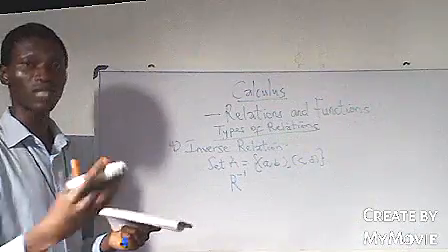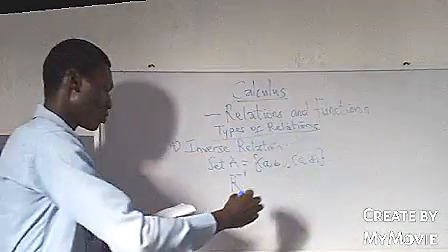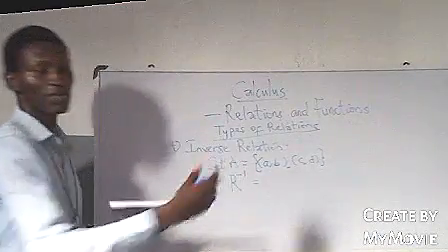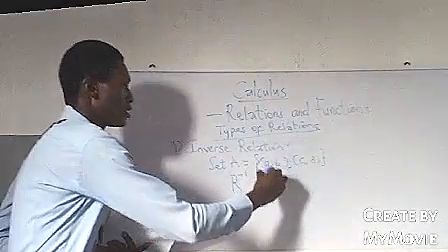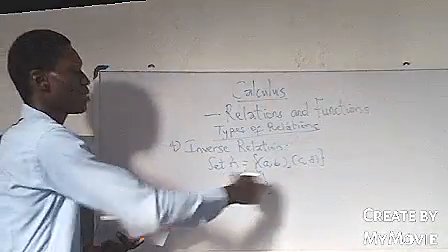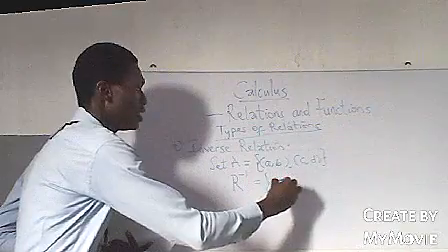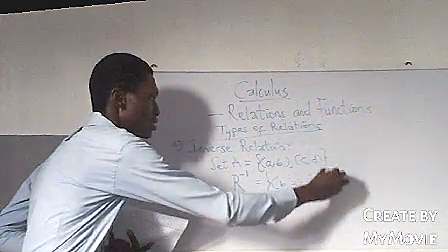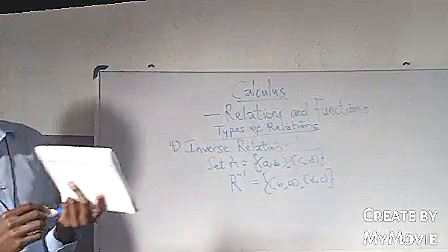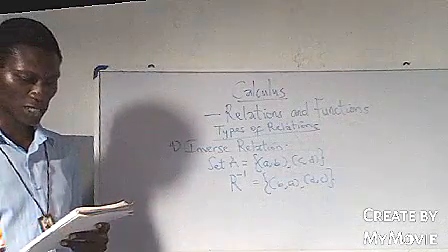That's the inverse of the relationship of the members of set A. So the members that will be found in this will then be B related to A and D related to C. So this is what we mean when we speak of inverse relationship or inverse relation.